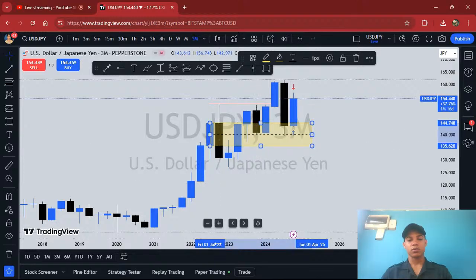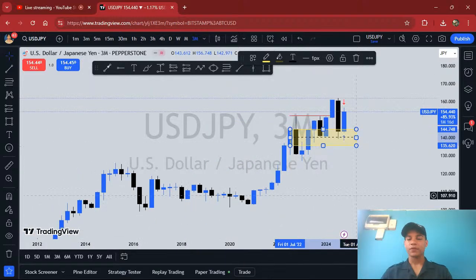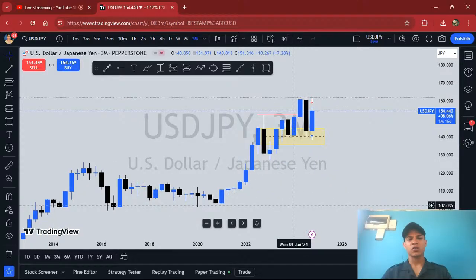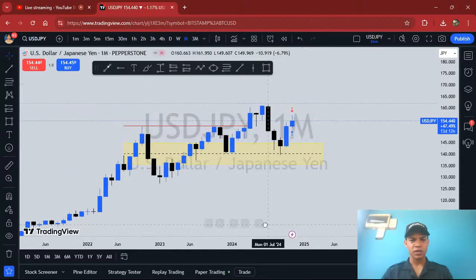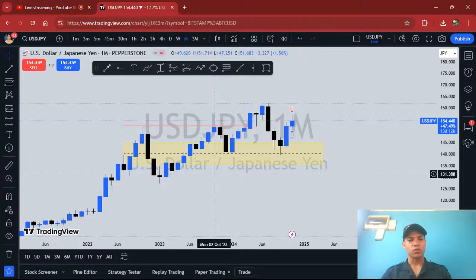So you want to look for structure on the 3 monthly chart. Just mark structure. It will probably be more apparent on the monthly chart, if that is what you prefer, then you can do that. So you can have a higher high, higher low, higher high, higher low, higher high, higher low.